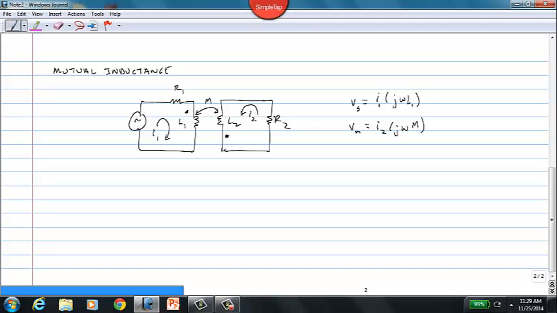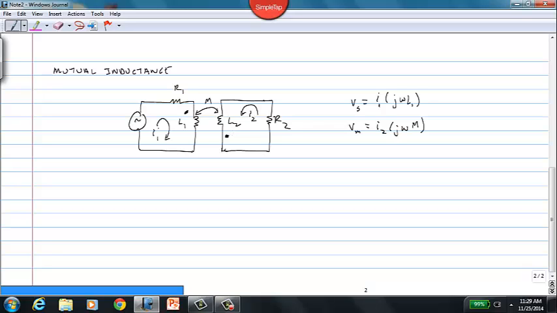These dots carry our sign information, and what they allow us to do is really ignore the physical construction of the inductors. So we won't get into that. We're just going to stop at the level of the dot convention. Basically, what the dot convention says is if a current enters the dotted terminal of a coil, the reference polarity in the other coil is positive at the dotted terminal.